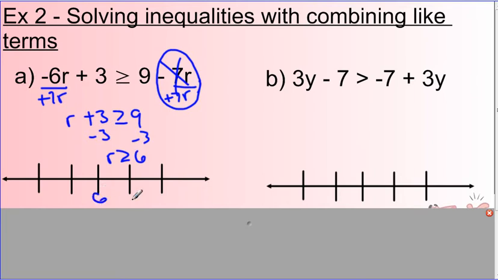And we put 6 in the middle, and 7, and 8, and 5, and 4, and solid dot, because it has the or equal to line. And we're going to shade to the right.